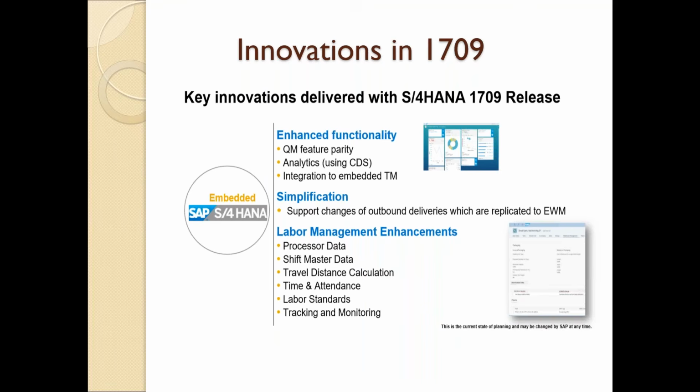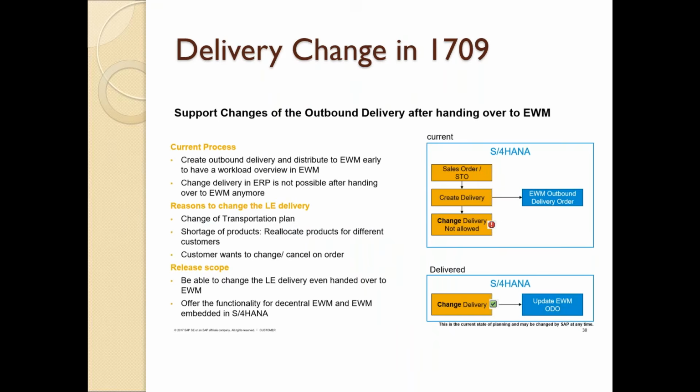The most important thing is that earlier, in any of the versions, even a decentralized one, once we create a delivery in your ERP system and it gets distributed to any of your WMS systems, we do not have the privilege of changing that particular ERP delivery.